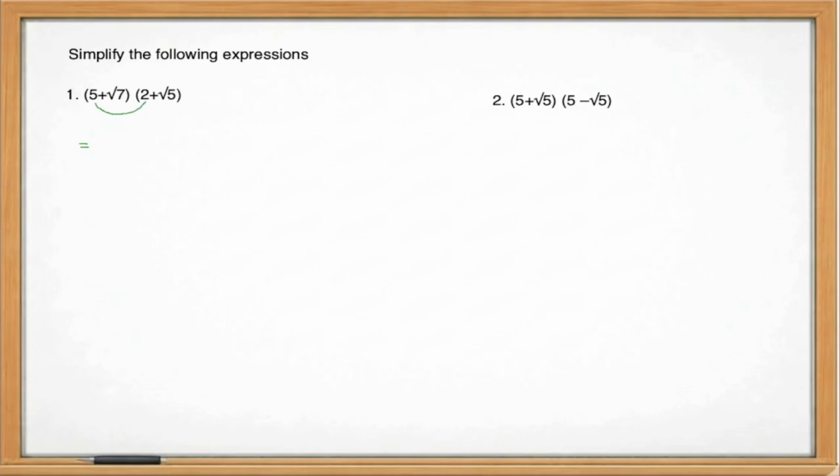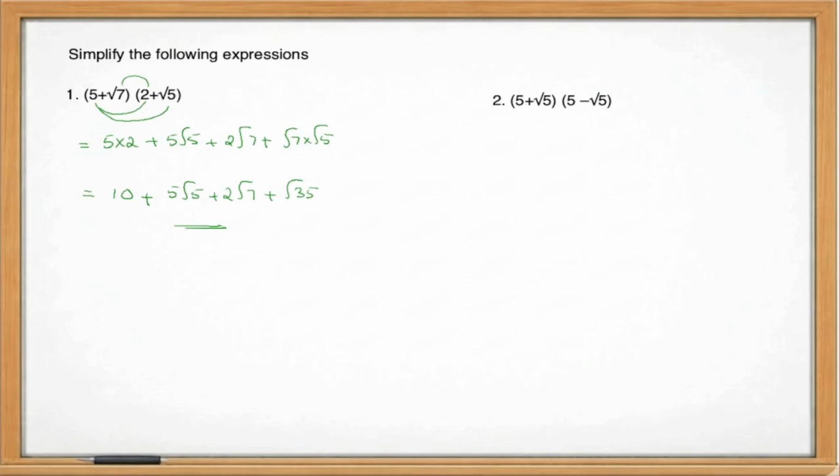Multiplying, 5 into 2, plus 5 into root 5, then plus root 7 into 2, we can write it as 2 root 7, plus root 7 into root 5, which is equal to 5 into 2, 10, plus 5 root 5 plus 2 root 7 plus root 35. This is the answer. Very simple, right?